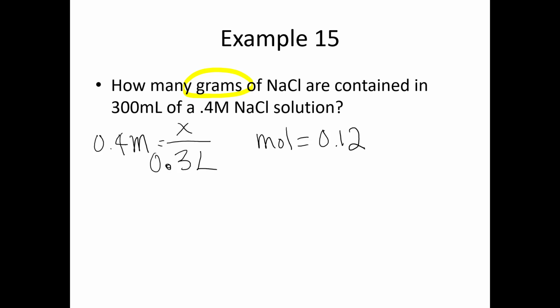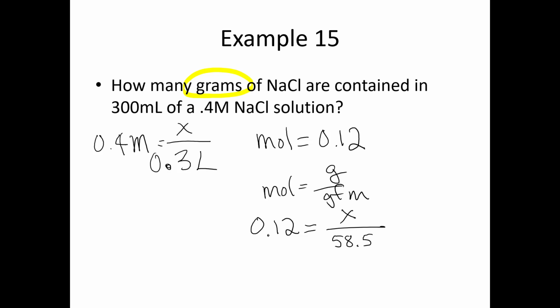Now, I can use that in my moles to grams, because I know moles equals grams over gram formula mass. My moles are 0.12, and my grams, I don't know, but lucky for you, I used the exact same substance that we used in our previous problem, where we calculated our gram formula mass at 58.5 grams per mole.